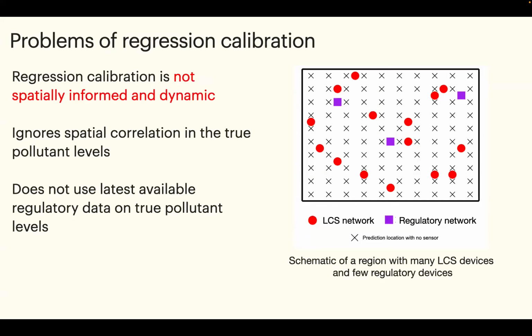What regression calibration does is, suppose this is the co-located site, it will train the regression calibration model, then apply it at every other site, at every other time point, without using the available reference data at that time point, or even leveraging the correlation between nearby monitors. That is not ideal, because we know there is spatial correlation in air quality measurements.